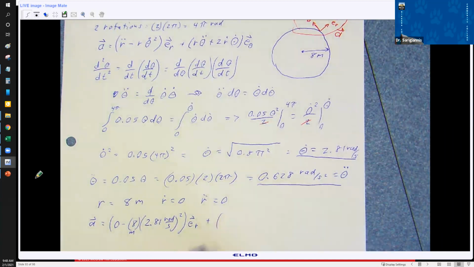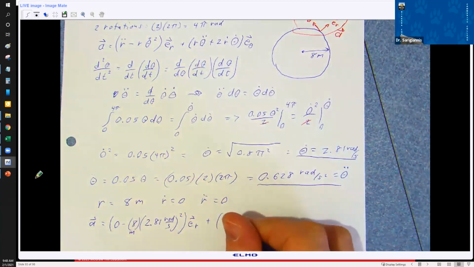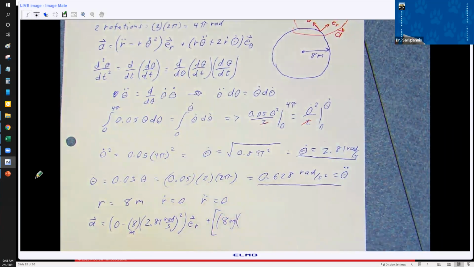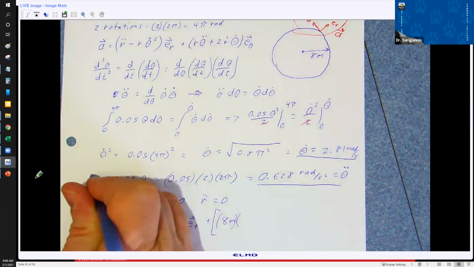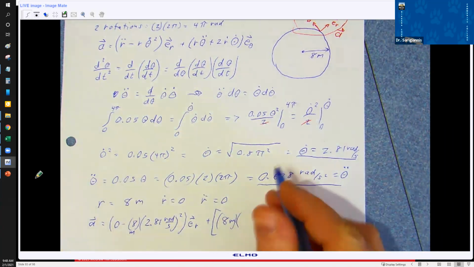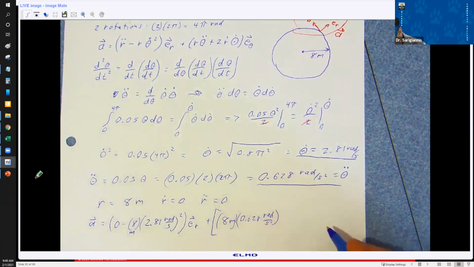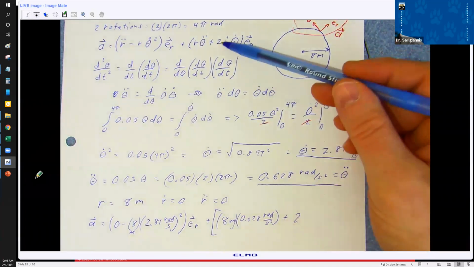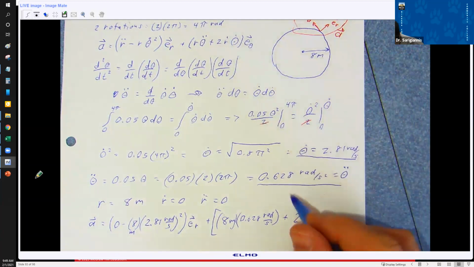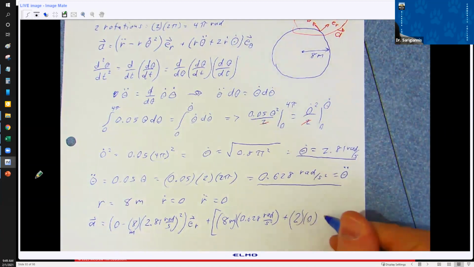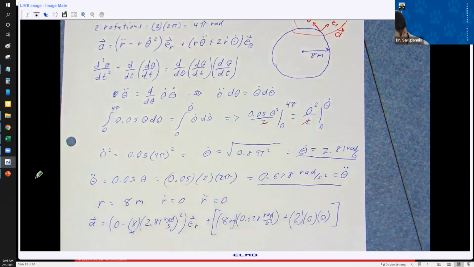Plus I've got r again, which is 8 meters, times theta double dot, 0.628. And then plus 2 r dot theta dot. Well, r dot is 0, so it doesn't really matter what theta dot is. This whole term is 0.